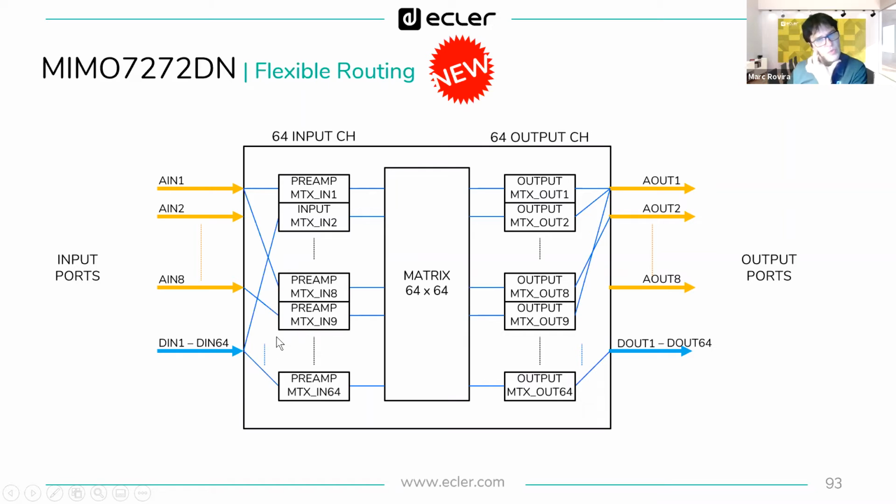Yes, we can use them because we've got the flexible routing feature, which allows you to select which input port you want to route to each matrix channel. So you can decide to get analog input 1 to this input A. At the same time, you can double it, so it is sent to both channels on the matrix, and you can do whatever you want.